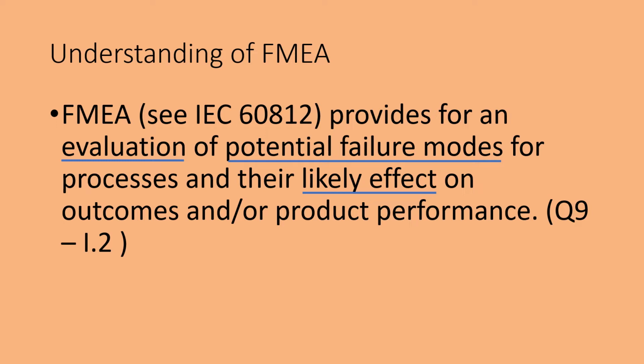This is also referred to in International Electrotechnical Commission series number 60812. So Section 1.2 of Annexure 1 says FMEA provides evaluation of potential failure modes that lead to likely adverse effect on the product quality and long-term performance of the product. Let us try to understand more.